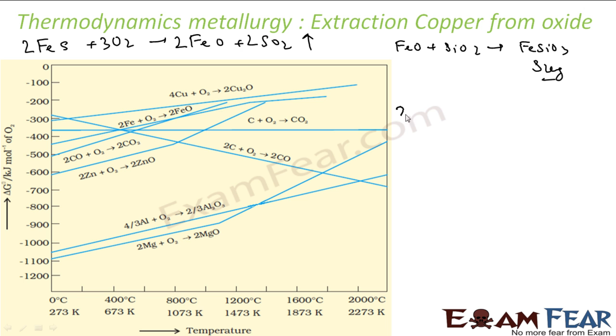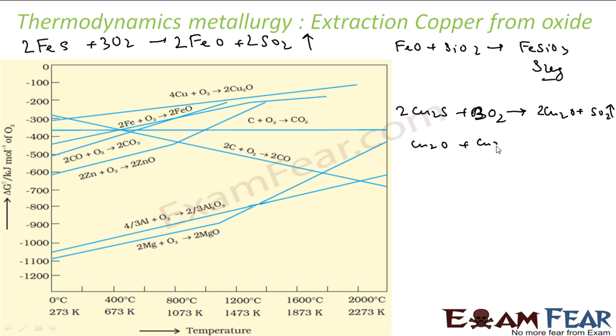If we talk about the copper part, I have explained this. Copper sulfide, when you roast in the presence of oxygen, you get copper oxide and sulfur dioxide gas. This copper oxide can now be reduced, right?